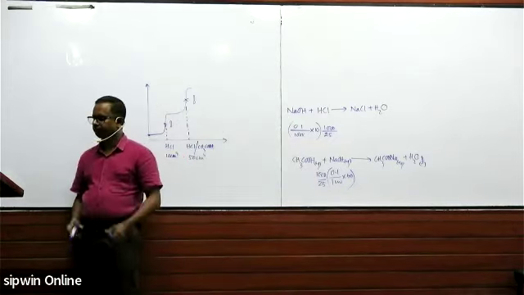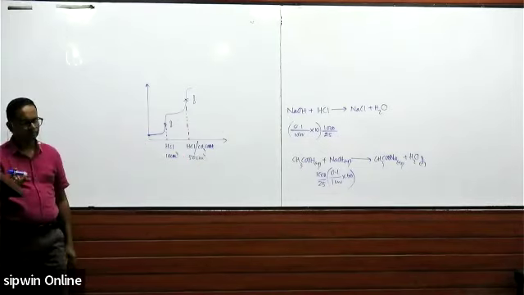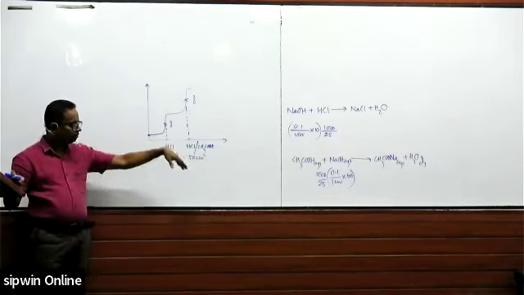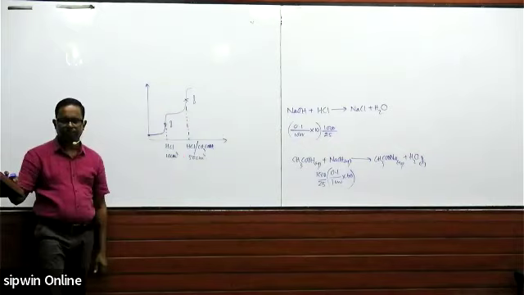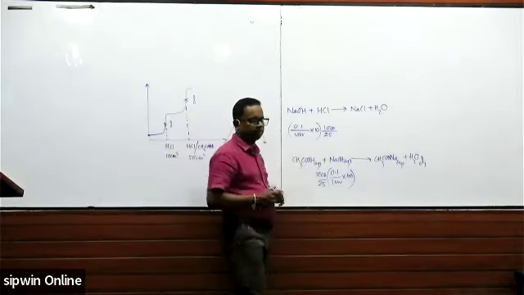Point note 4, HCl concentration. 0.4 times of that one here, 0.16. This one 0.04, this one 0.16.